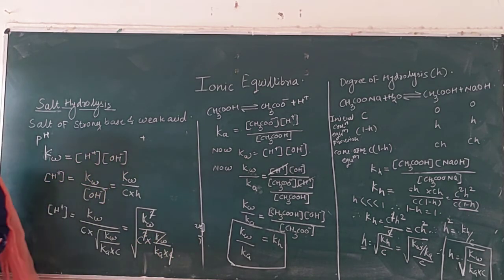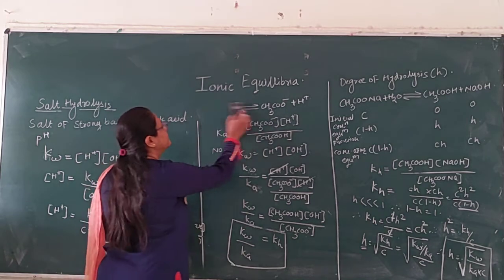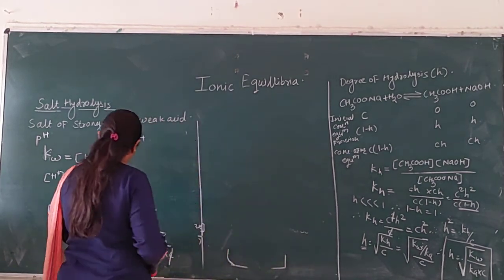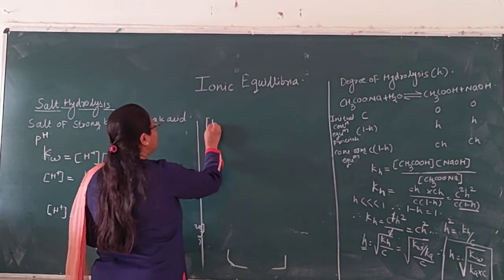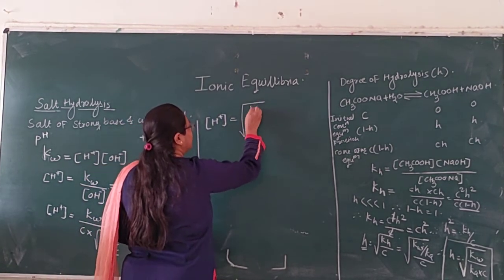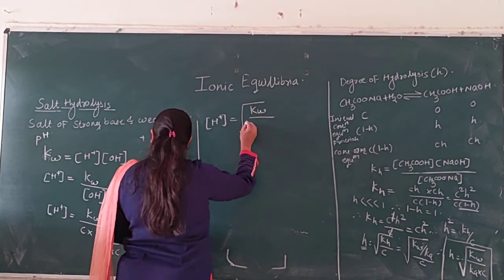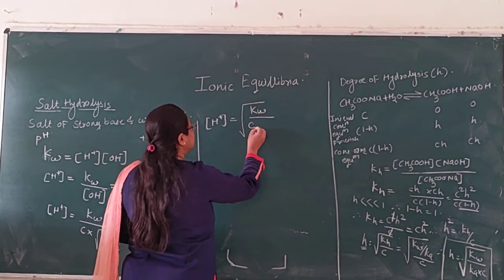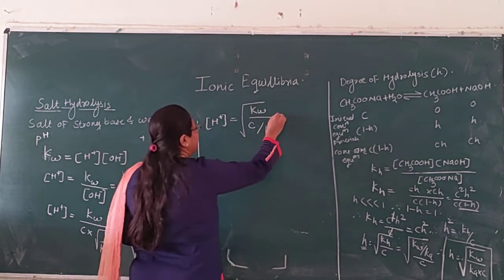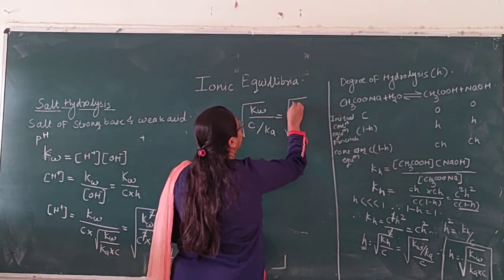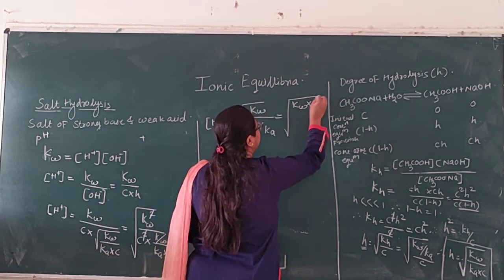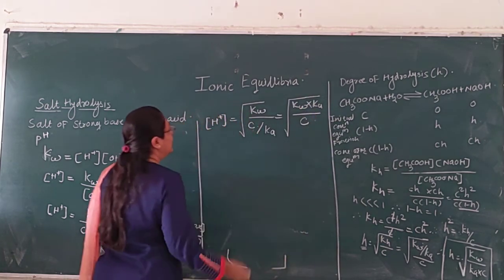So what will remain? The H plus ion concentration is equal to square root of Kw is remaining, one of the concentration is remaining, and divided by Ka. Right? This will become Kw into Ka divided by C, simple.